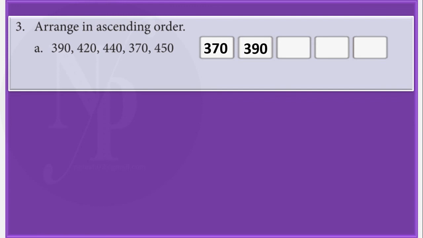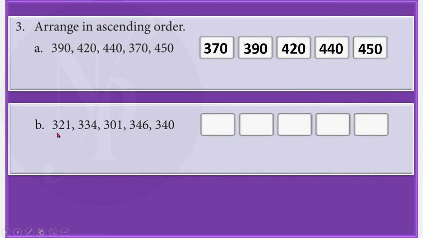Next, comparing 440 and 450, we come to know that 440 is smaller than 450. So we will write down 440, and finally in the last box we will write down 450, which is greatest among the given numbers. So we have arranged the given numbers from smallest to the greatest. This arrangement of the numbers is called ascending order.